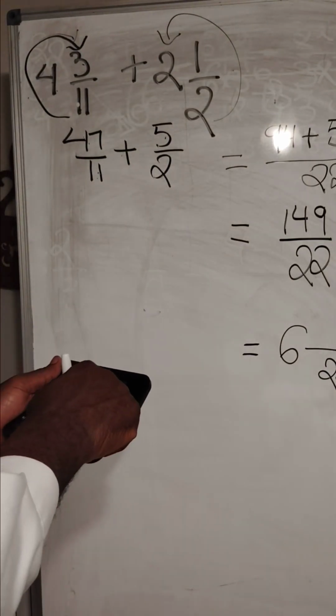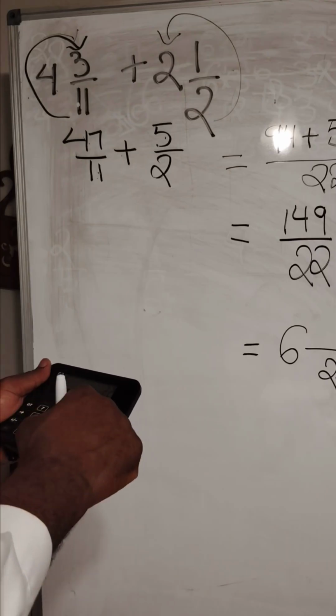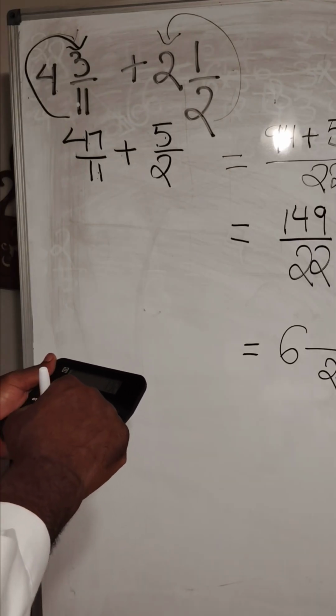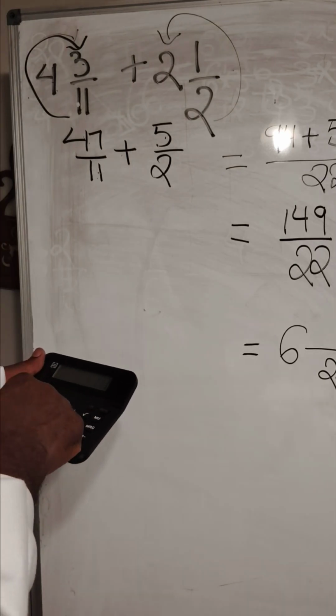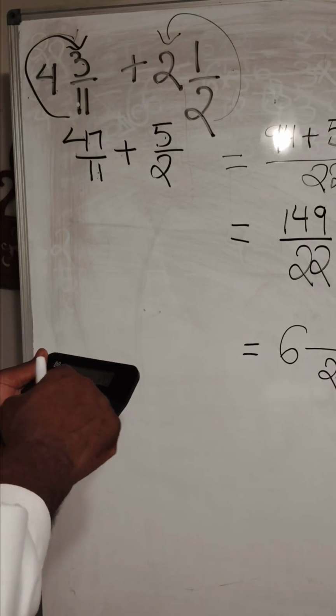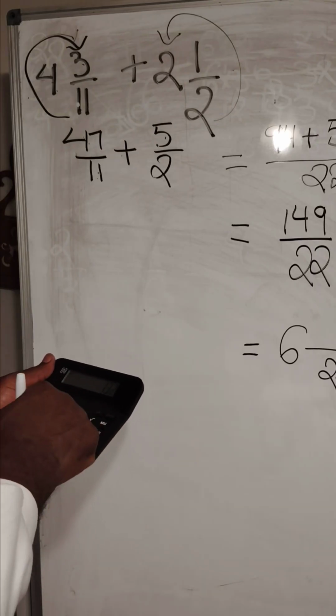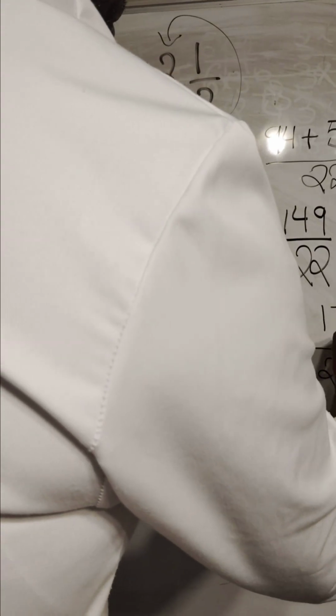So when I do 6 times 22, it gives me 132. When I have 149 minus 132, you have 17.